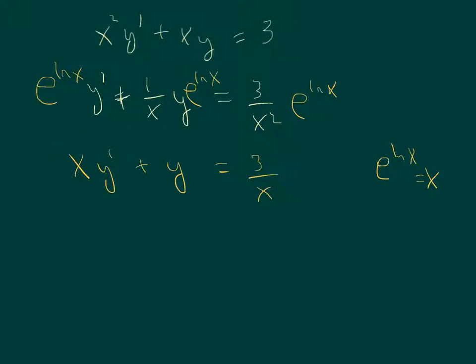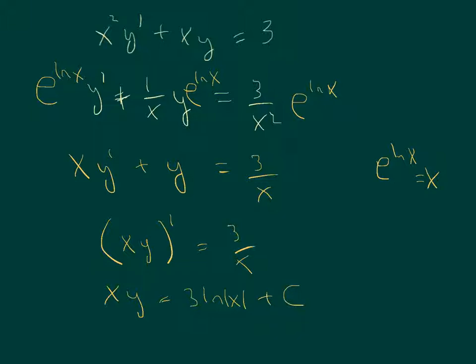And I can see that the left side is the derivative of x y, equal to 3 over x. Now if I anti-differentiate both sides, I get xy is equal to 3 natural log of the absolute value of x, plus c.